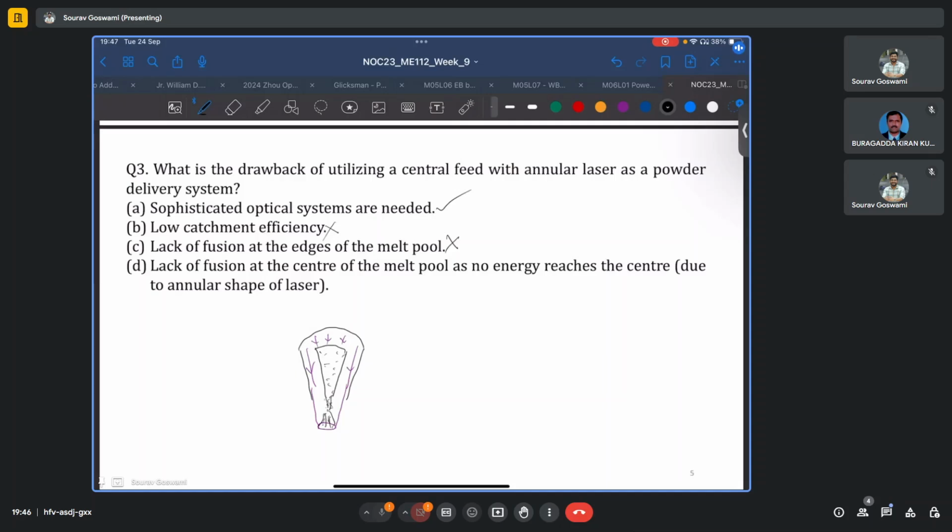This is also incorrect because if we were to take sections at various regions, so here the shape might be a larger annulus, and keep on decreasing until at the melt pool itself, it will be a TEM00 profile again.